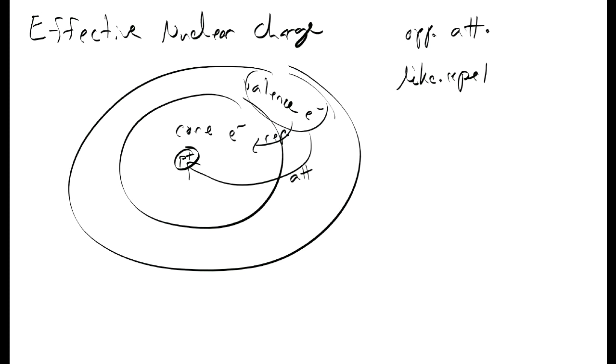What this means is that the core acts as a shield, so that the valence electrons don't feel the full force of their attraction to the nucleus. So that's why we talk about effective nuclear charge. Okay? Because basically, they're seeing a smaller nucleus.